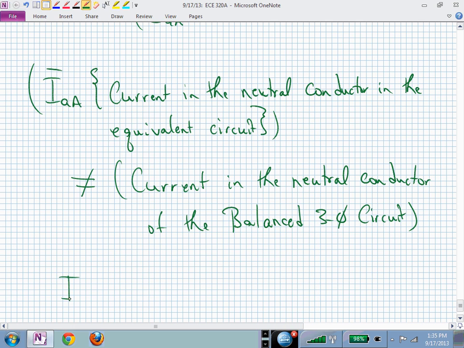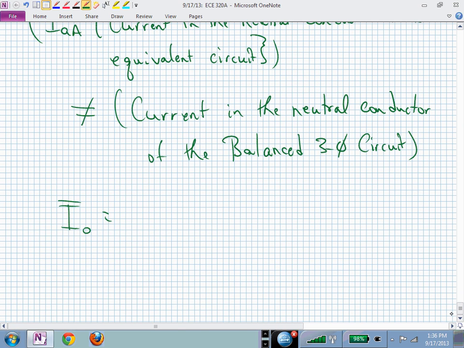Because what's the current in our neutral conductor? It's I sub 0, isn't it? And that's just the sum of those three, I sub AA plus I sub BB plus I sub CC.